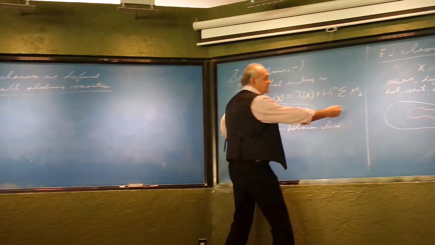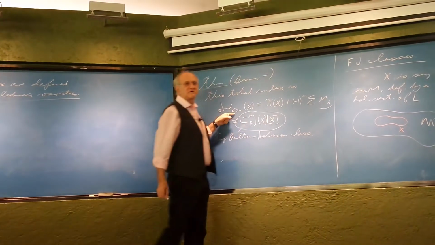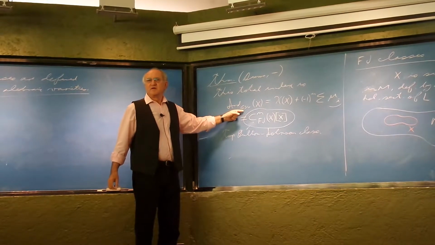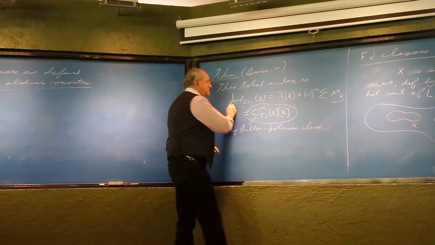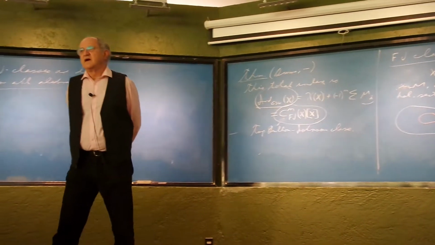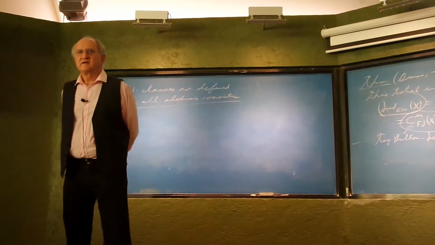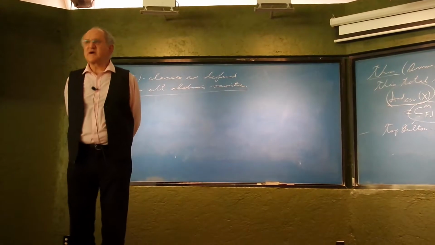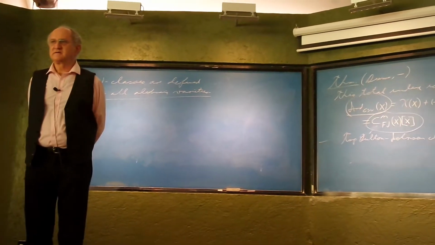And this also is defined only for isolated complete intersection singularities. But we already know that this coincides with the homological index, and that fellow is defined on arbitrary isolated singularities.